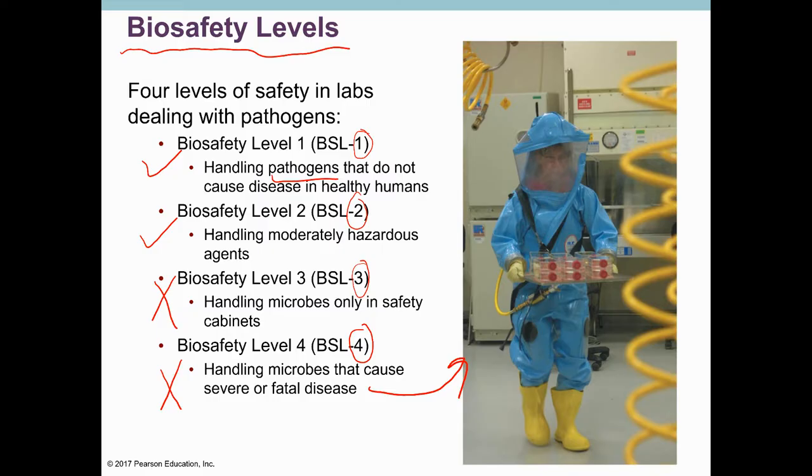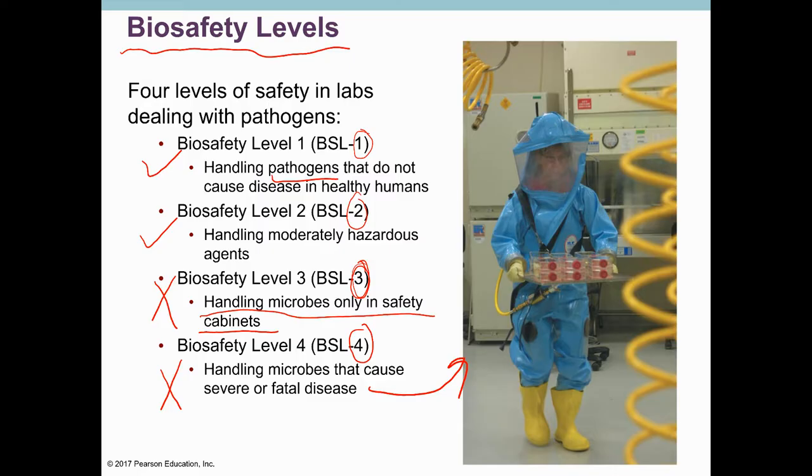It's very strict. For a biosafety level 3, typically you would see a cabinet. It's like the hood where we usually have our stock cultures in our lab, but it's completely glass over in the front, and you stick your hands into holes that have gloves built in.